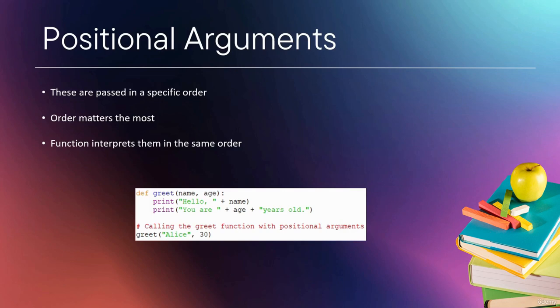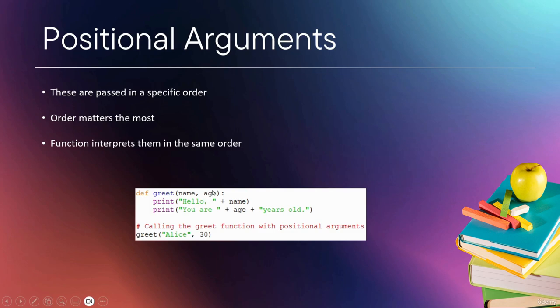So the first example is positional arguments. Positional arguments are passed in a specific order. Here let's understand the difference between two keywords, parameter and argument. In the previous lecture, I talked about this difference for just a moment, but now let's see it visually.